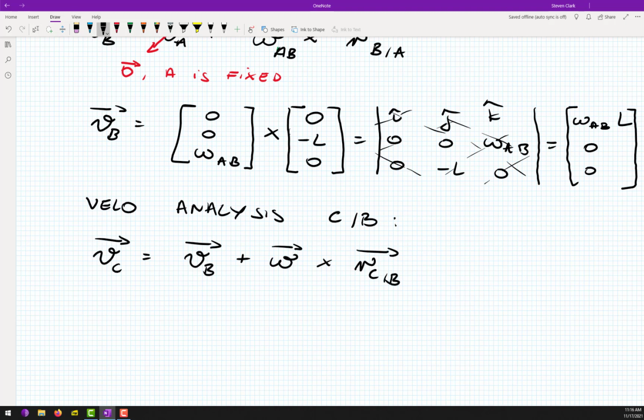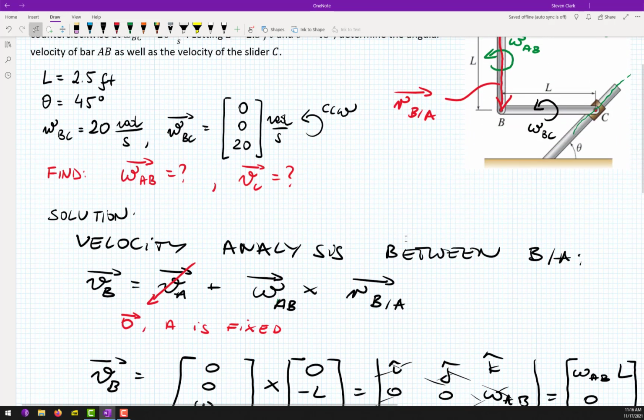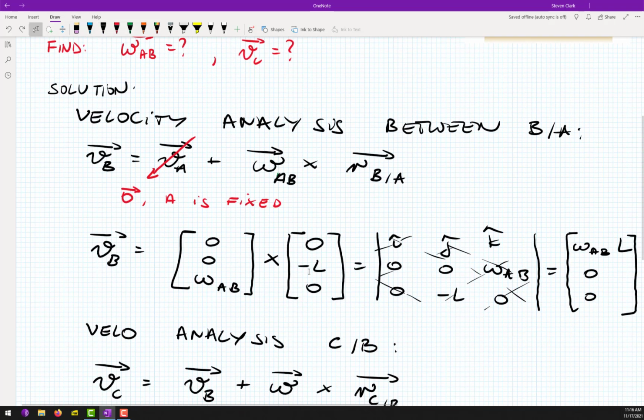And that certain body is obviously the other bar, yes? That certain body must be this bar, BC, because points B and C belong to that bar.